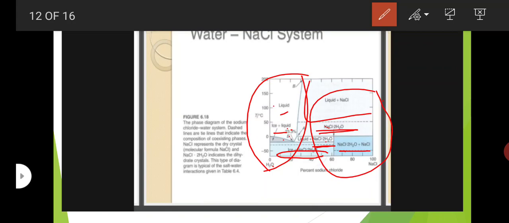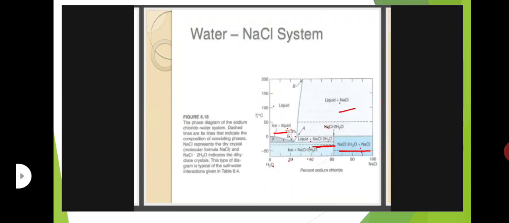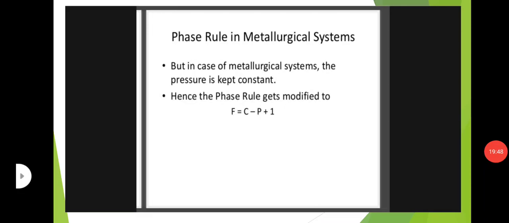So totally this side ice plus NaCl·2H2O and this side NaCl·2H2O plus NaCl, and here liquid plus NaCl·2H2O, and here ice plus liquid, and here liquid NaCl, pure NaCl this side, and pure water this side, present in this phase diagram. Okay, this is the water and NaCl system.